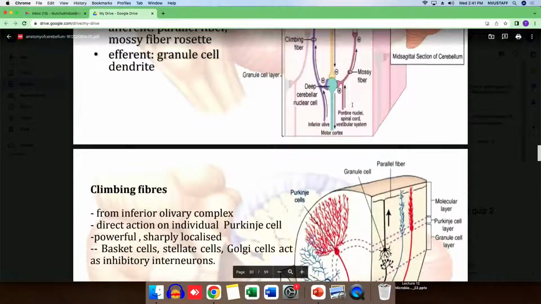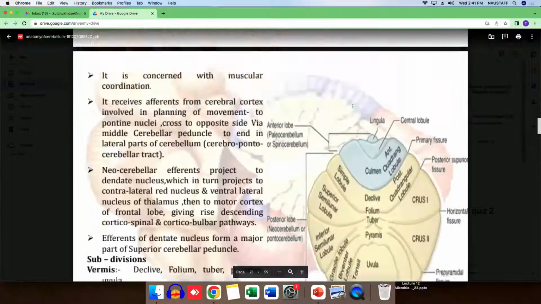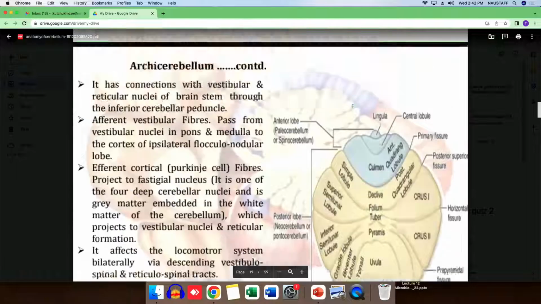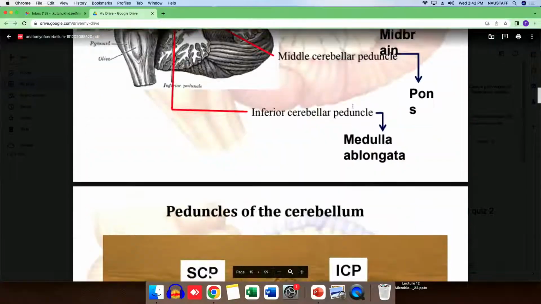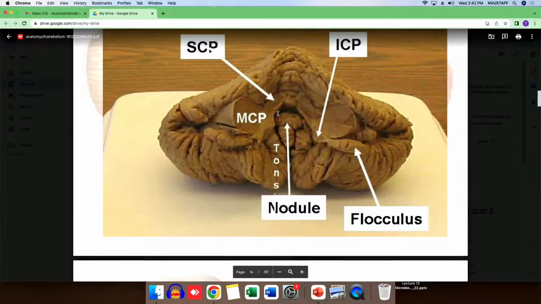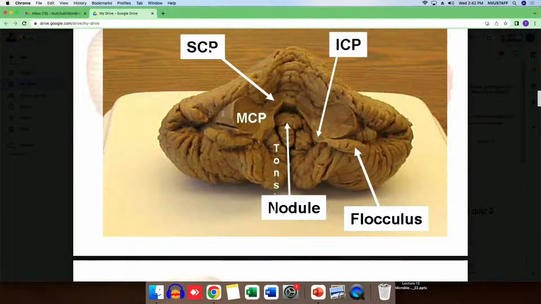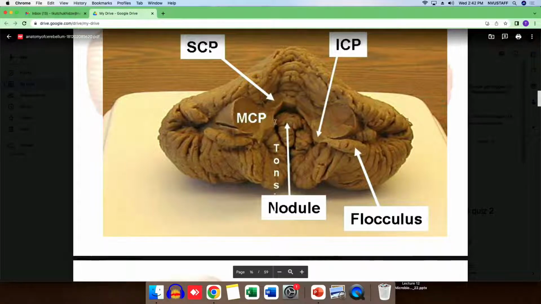One more time, I will show you the middle and inferior cerebellar peduncles. Efferents are leaving via our middle and our inferior peduncles here, right?